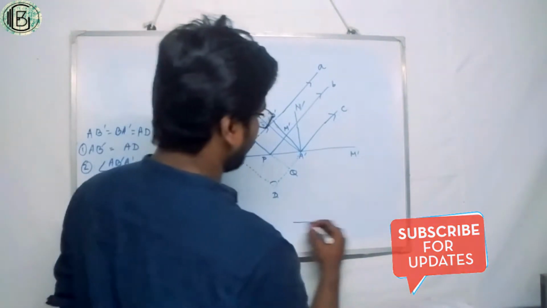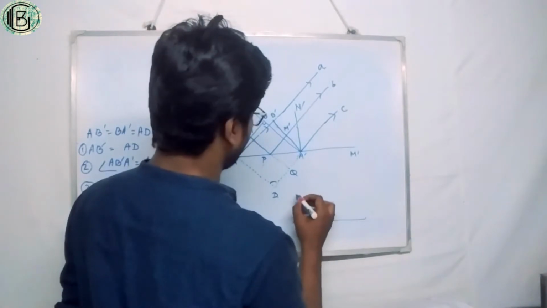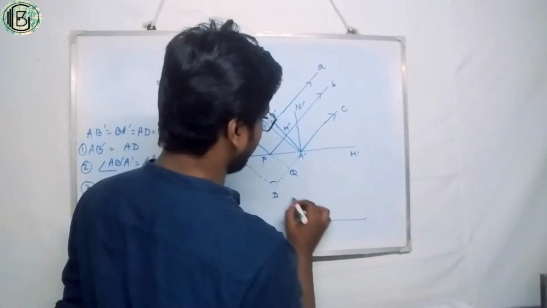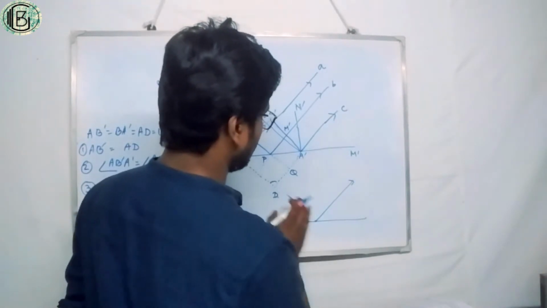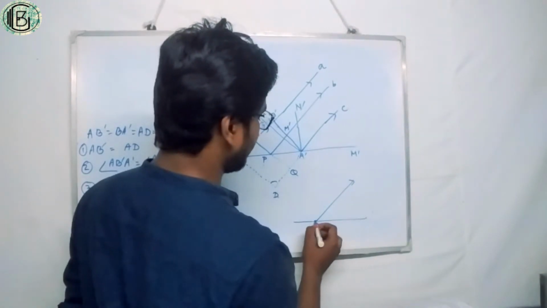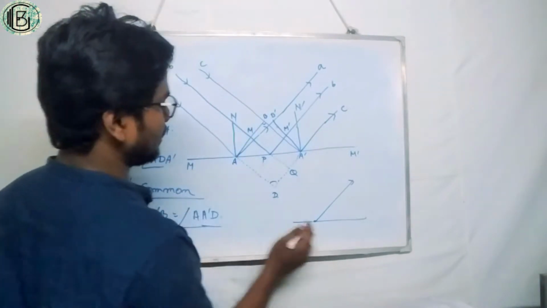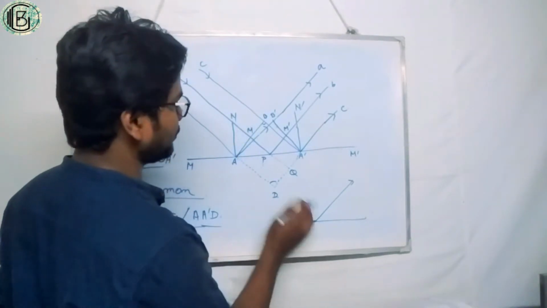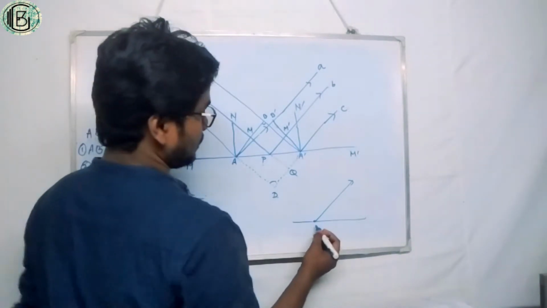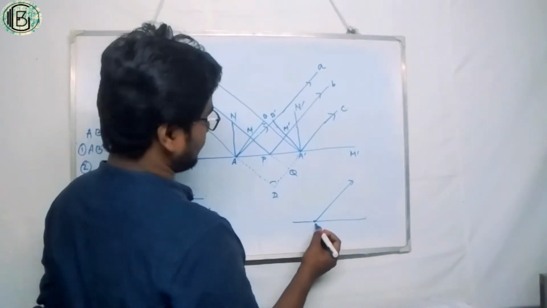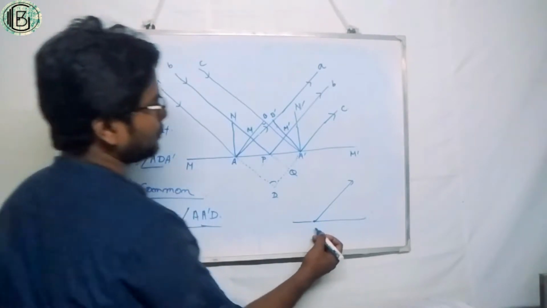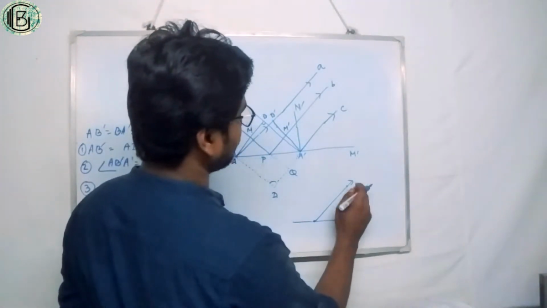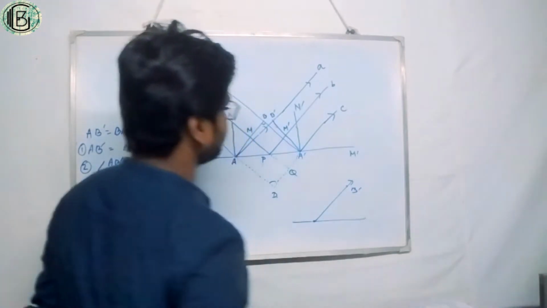So when the light is being reflected and going to this portion, the light is striking first in this portion because it's a beam of light. So first a portion of that wavefront is touching the surface. So in that time the wave is going to B prime.